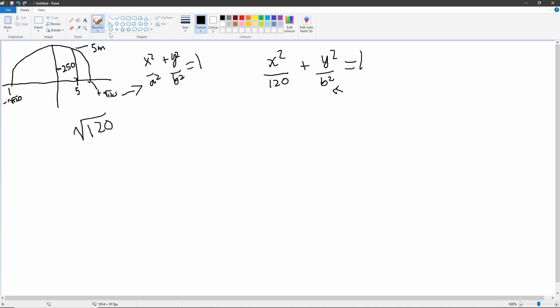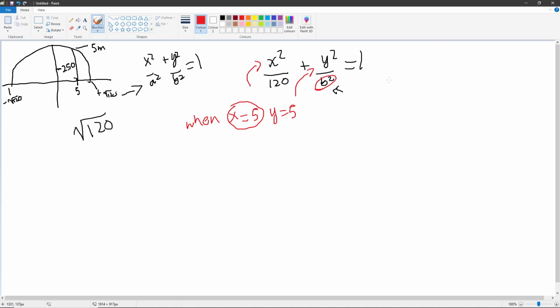So what they're basically telling you is when x is equal to 5, and if you're wondering why we're using 5, it's because that's the most outer part of the pool, y is equal to 5 as well. And immediately you should be able to see that you can substitute that in this equation and then solve for b.